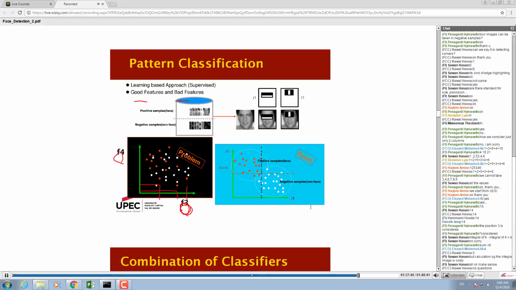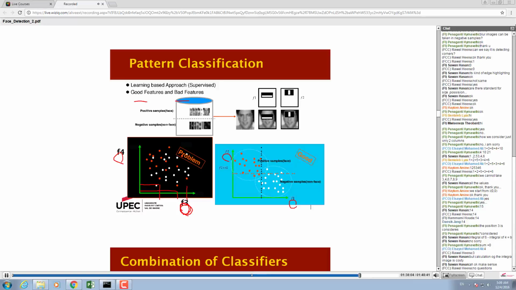So this is not a good feature. We can say F3 and F4 are both not good features, because they cannot distinguish positive and negative samples clearly. Is it clear?